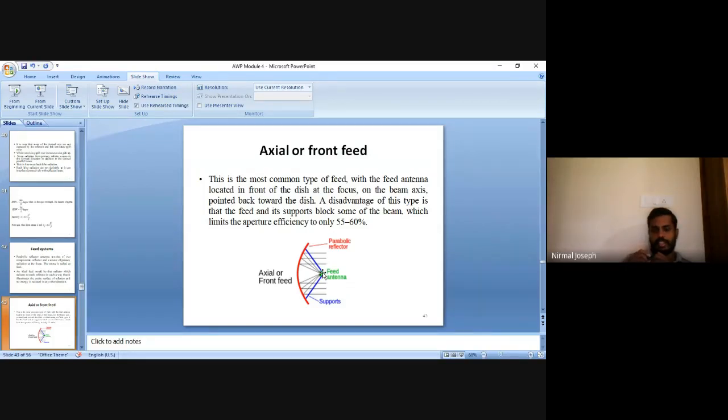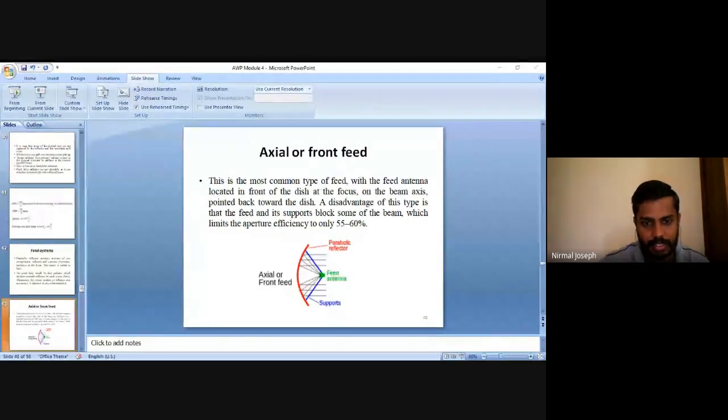So you might have seen this type of antennas. Have you ever seen this type of antennas? Have you seen the dish antennas, like in satellite communication? That time no cable was there.